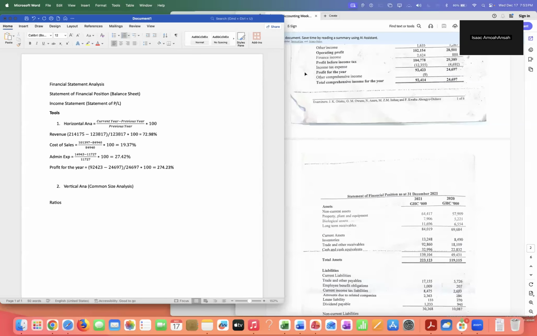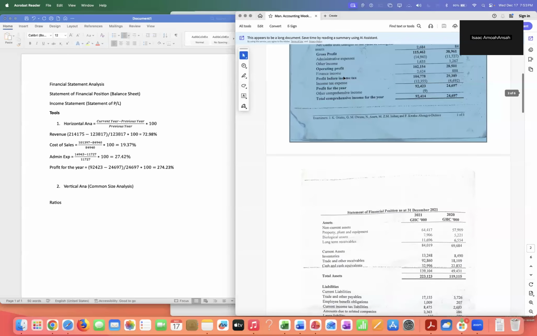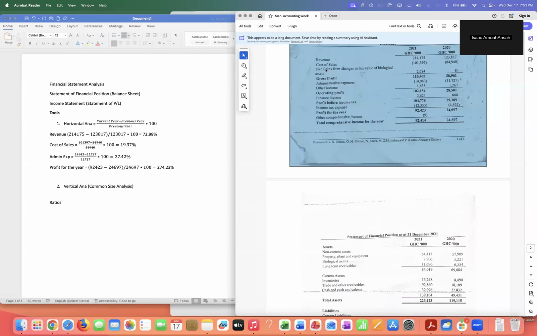It is out of revenue that we are able to pay cost of sales, generate our gross profit, pay administrative expenses, generate a net profit, and even pay taxes, right?